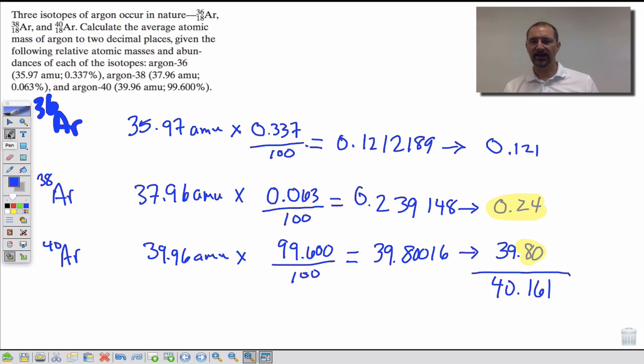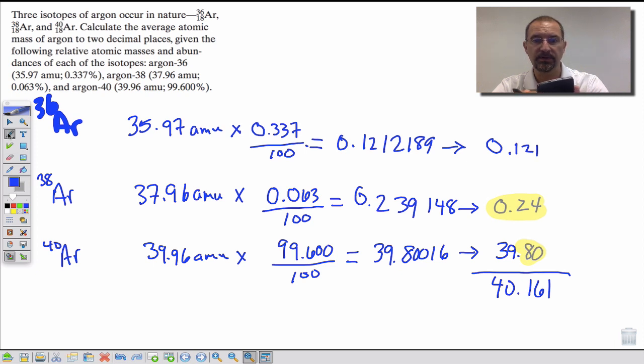Now, I've got to look at my numbers here and realize that something went wrong somewhere, because I can't have an average mass of 40 when all of my numbers are between 35 and 39. So I need to go back and check my math. Let me double check those numbers, because clearly I've made a mistake somewhere. 35.97 times 0.337 divided by 100.